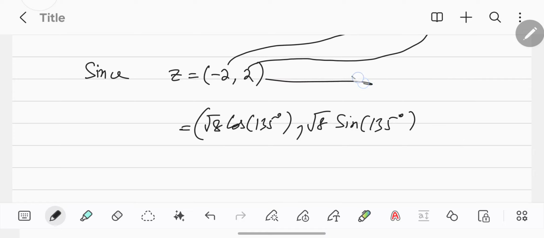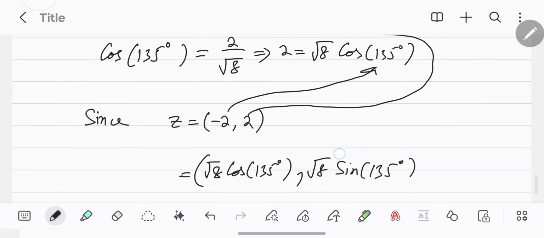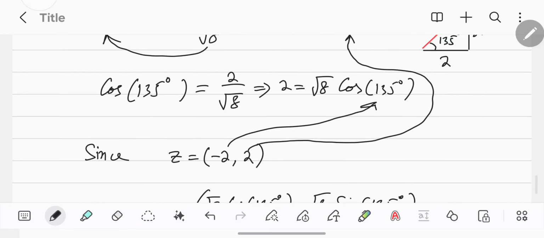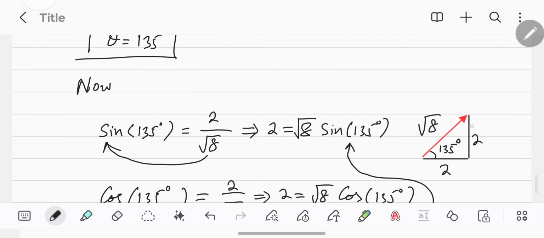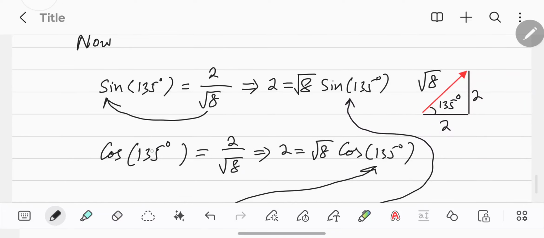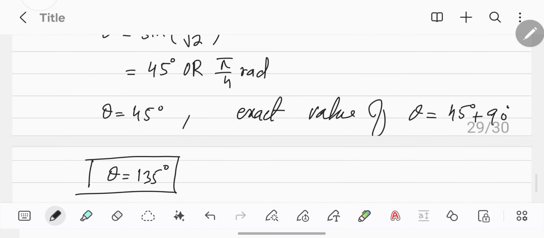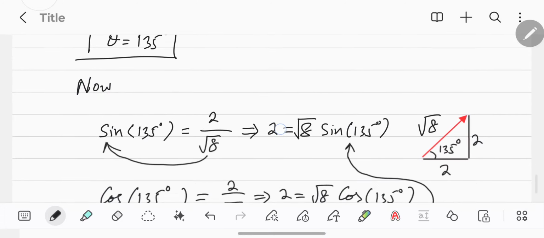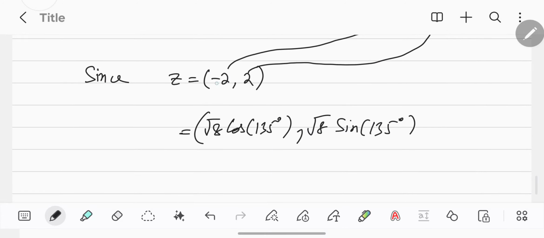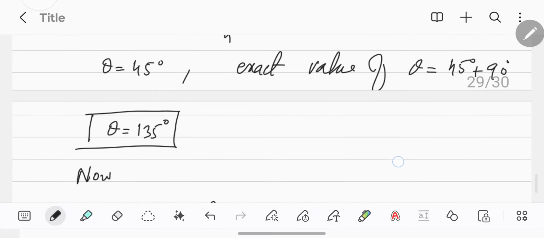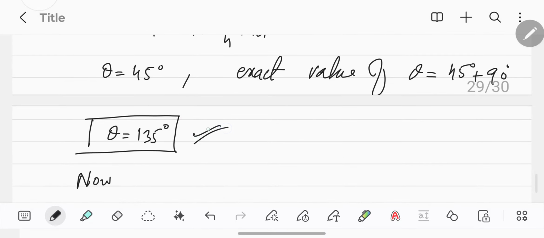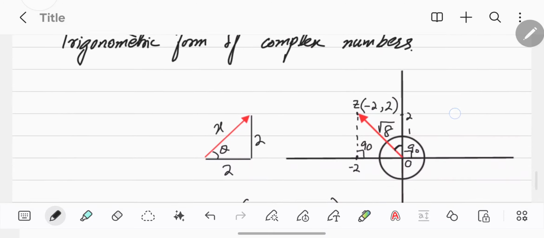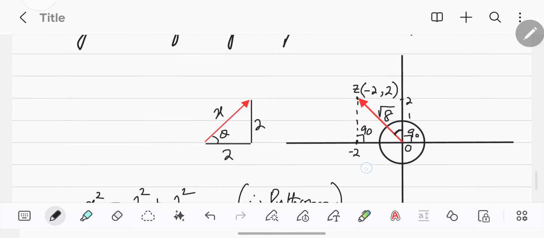So given form of the complex number, so one more thing, once we have found the angle, there is no need to write this minus here, because we have covered that thing with the angle. Okay, since this 2 was in the opposite direction, it was not in this direction.